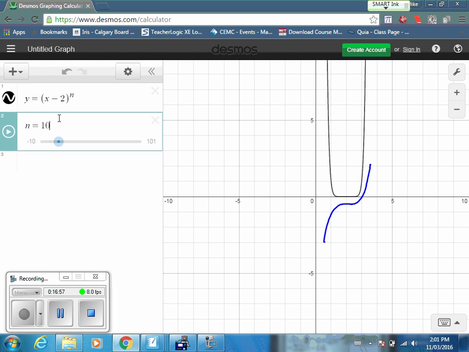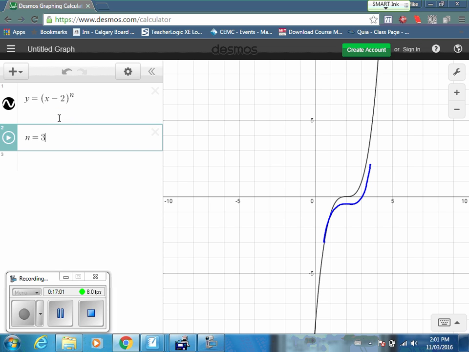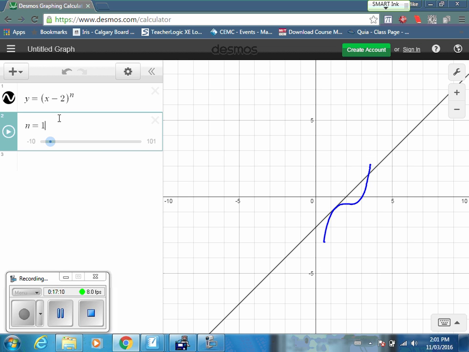But overall, they all fit that same general pattern. Now you can see that that's different than a linear function. If it's linear, it just goes straight through. It doesn't stop. If it's cubic or fifth or seventh or whatever, it literally goes horizontal in that middle there. And that's an important distinction.